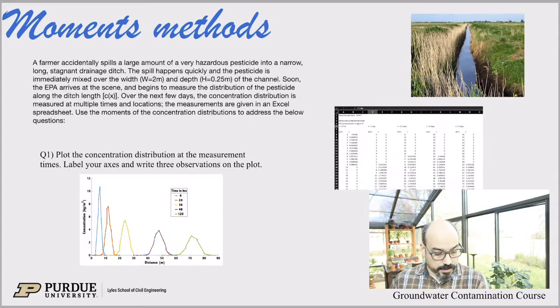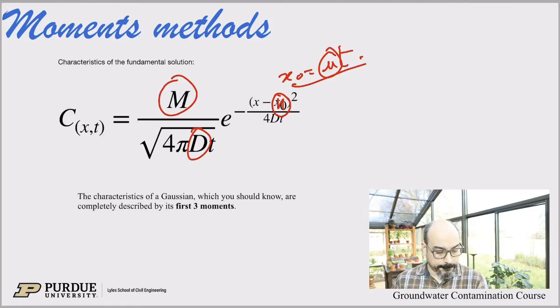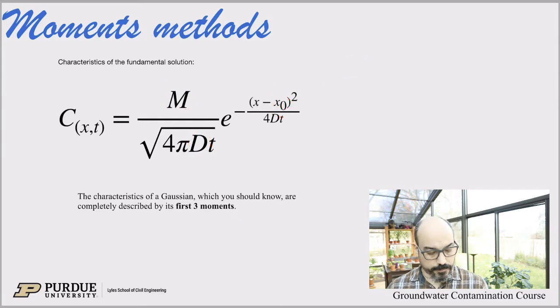Now these 3 parameters can be calculated using the moments of a distribution, and the first 3 moments, I should say, 0, 1, and 2, describe completely the distribution. So if we know how to use the moments, and if we have data, we can actually back calculate mass, velocity, dispersion somewhat easily. And that's true in space, and that's also true in time.